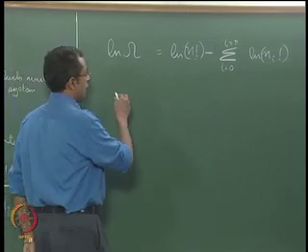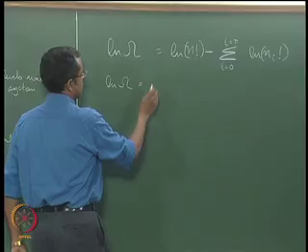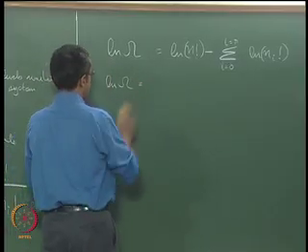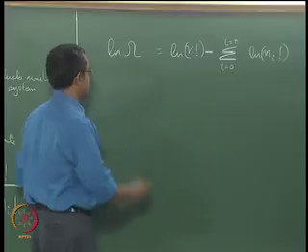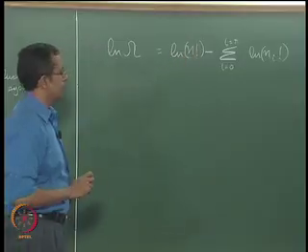Now if you look at this, we can rewrite it, making use of Stirling's approximation. Stirling's approximation is a way of approximating the log of a factorial.